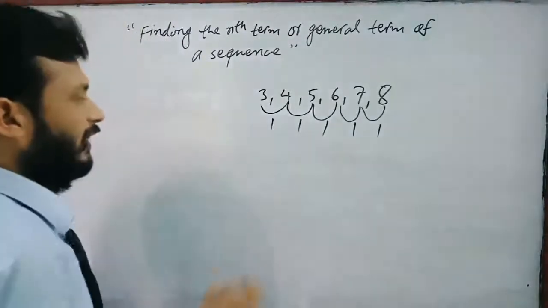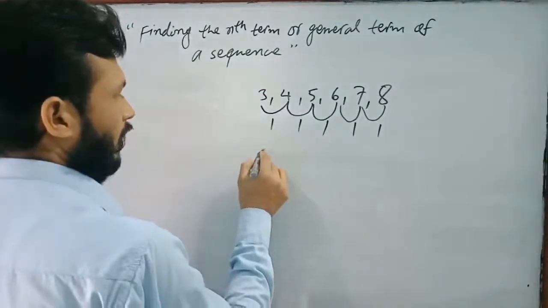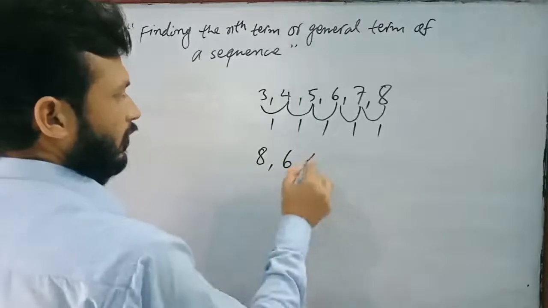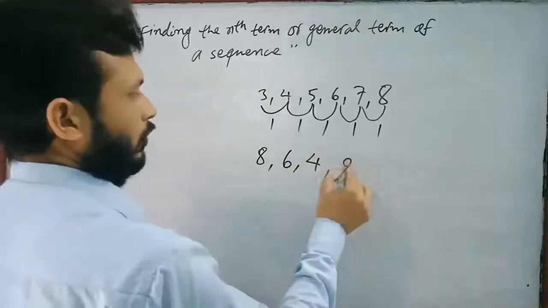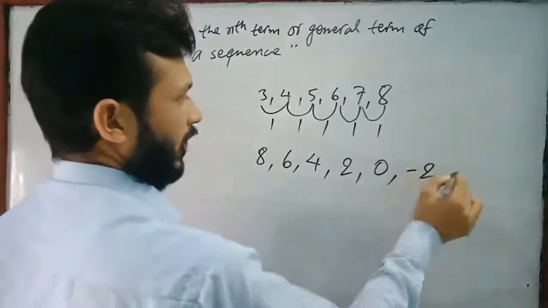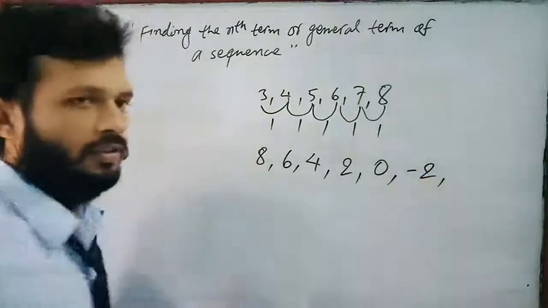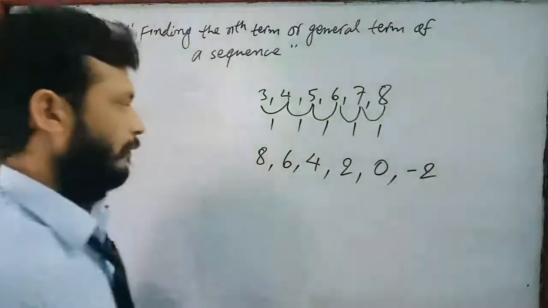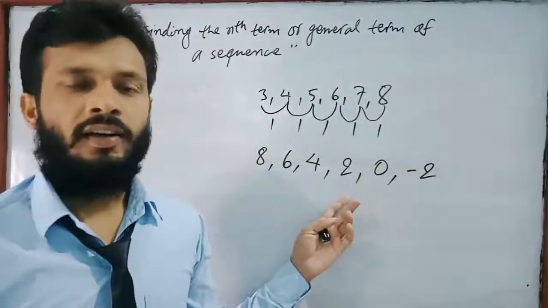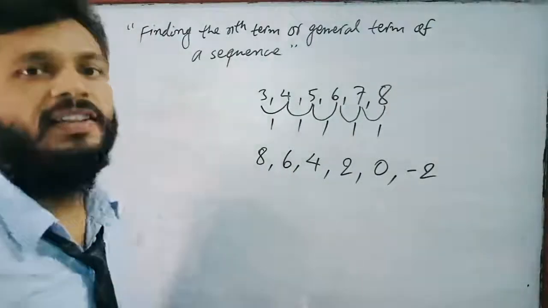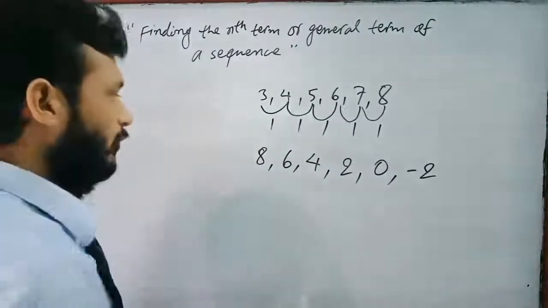Understood? Okay, then next, 8, 6, 4, 2, 0, minus 2. Understood? Okay, this much. Now find the difference between any term and its preceding term.